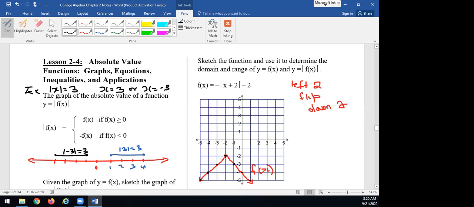So -2 is at -2. Where should it be for the absolute value? Very good. So right here. And you don't even have to try to flip the others. It's very easy. You know that it's going to be like this because there's no stretch.